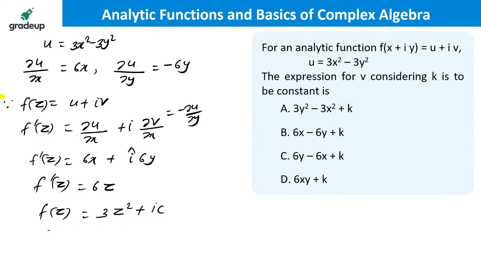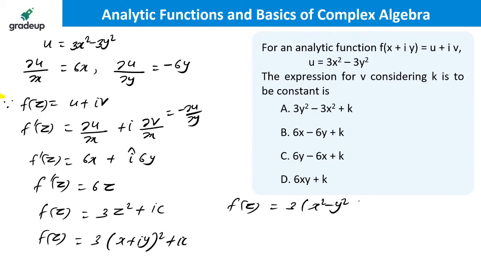Now you can separate. Z means x plus iy. 3 times x square minus y square plus I 2xy plus c.